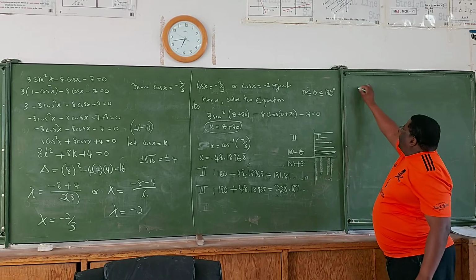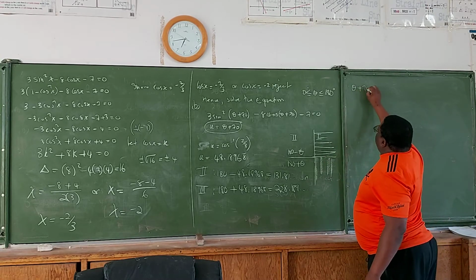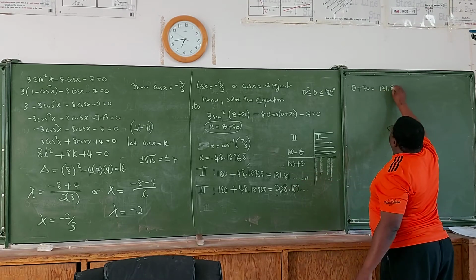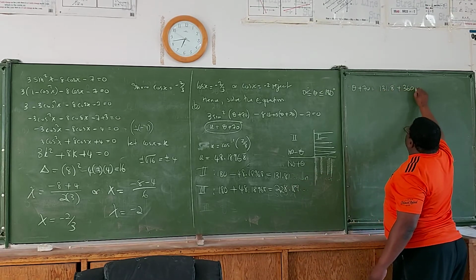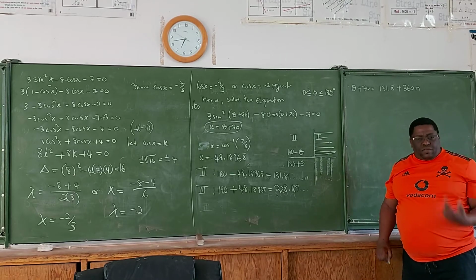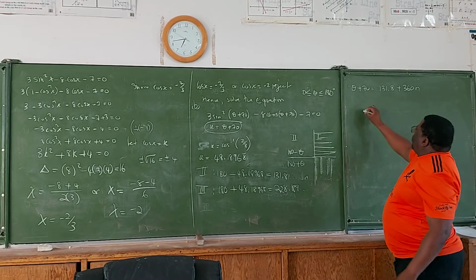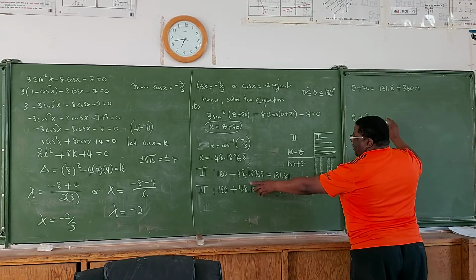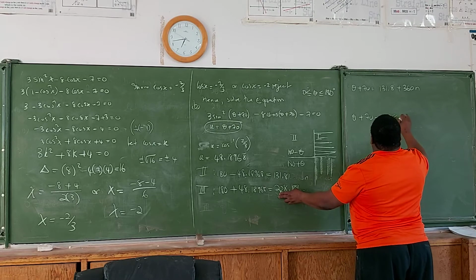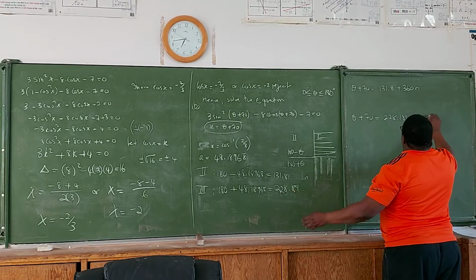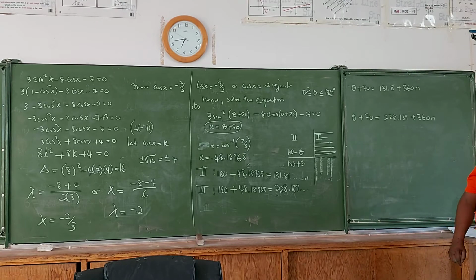So if you take theta plus 70 degrees equals to 131.8 plus 360 n, where n is the revolution, okay? And also theta plus 70 equals to 228.18 blah blah blah plus 360 n. So we're going to look for possible answers that we're going to get.